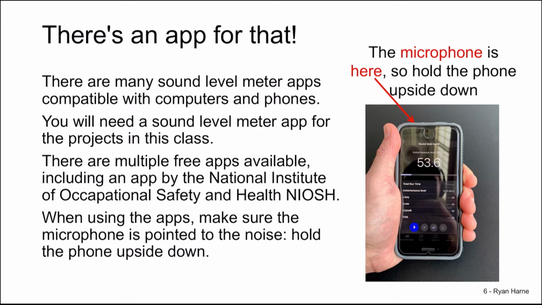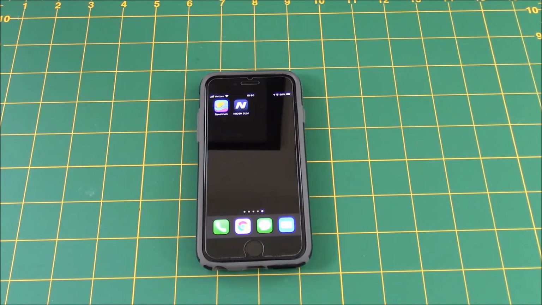In other words, the microphone is on the bottom so that it is close to our mouth when we hold it up to our ear. So when we hold the microphone to take sound level readings, hold the microphone upside down so that it points to the noise.